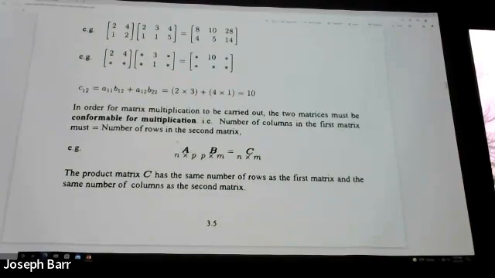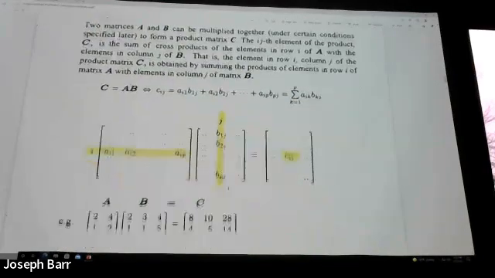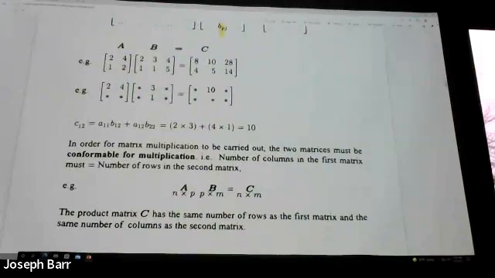Then you can do the multiplication. Otherwise, okay, no way, because you have to make sure the multiplication is doable. So that's a rule, conformable for multiplication.